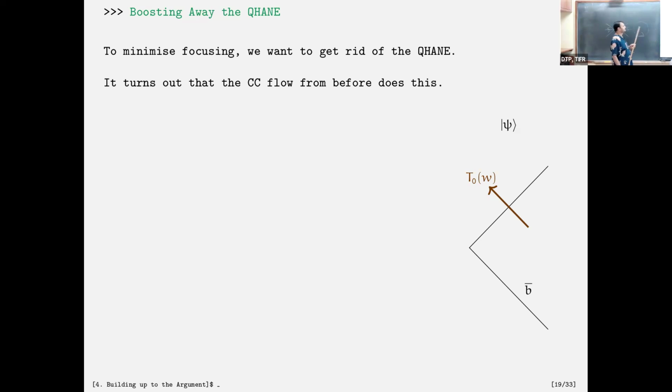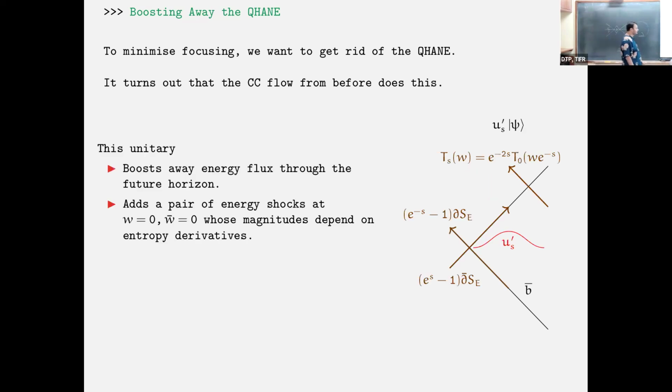Now let us flow this. What happens? The first thing is that this energy gets boosted off, and the stress tensor is a weight 2 object, so it gets smaller, by an e to the minus 2.